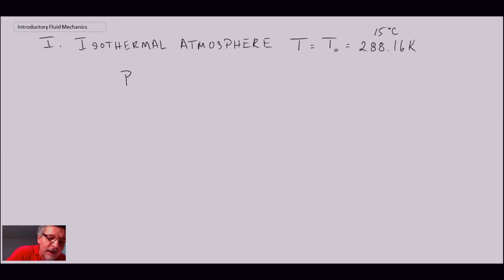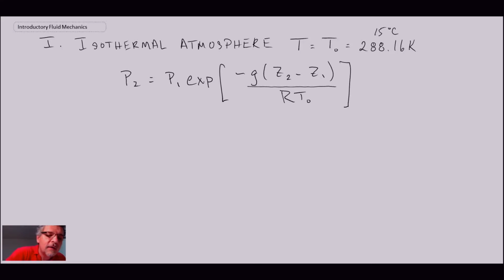What we get is P2 is equal to P1 times the exponential. Remember, we had a natural log, and that's where the exponential is coming from. And temperature is a constant, so that's what we get if we can assume an isothermal atmosphere.